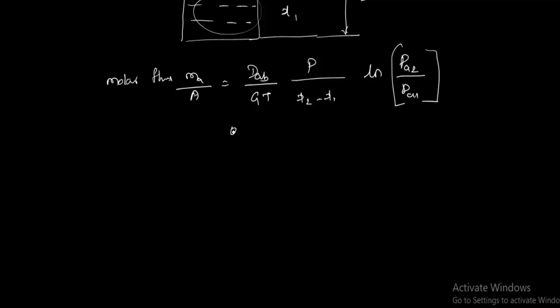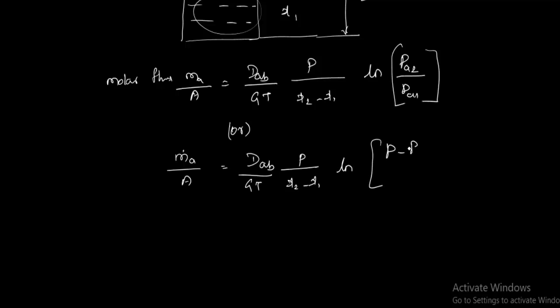Or this can be rewritten like this. The other form of this equation is DAB divided by GT into P divided by x2 minus x1 into ln of P minus PW2 divided by P minus PW1. By these two formulas we can solve the problem, right?